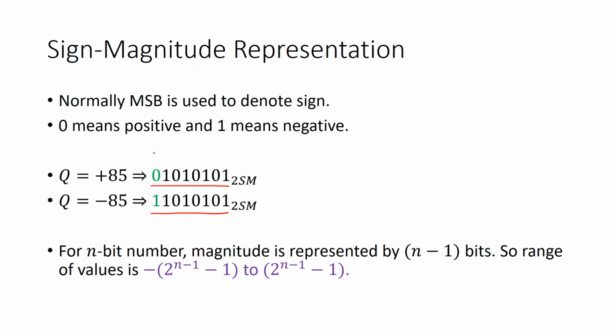This is the n minus 1th position. This one is the n minus 1th position. The positions are 0 1 2 3 4 5 6 7. So 7 is 8 minus 1, that is 7.